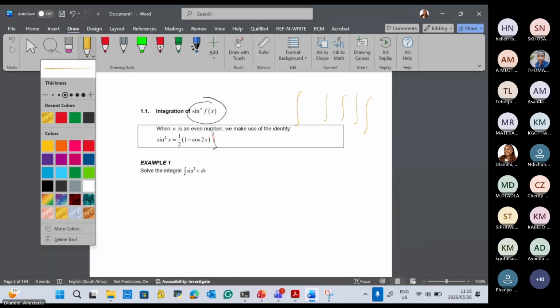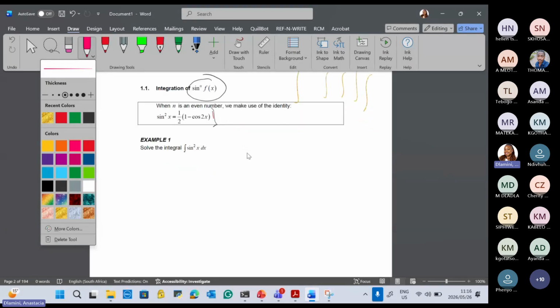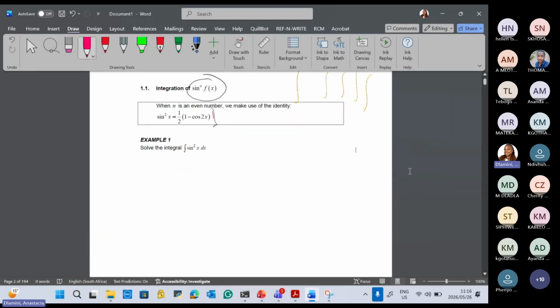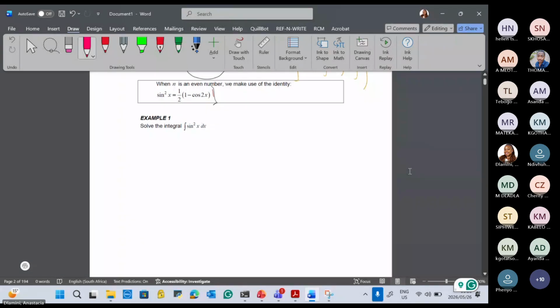Green. Pink, ma'am. Pink. Do you agree with pink? We did use green last time, so we'll use pink. If you don't say any color, I'll choose white and keep on writing. So, pink.